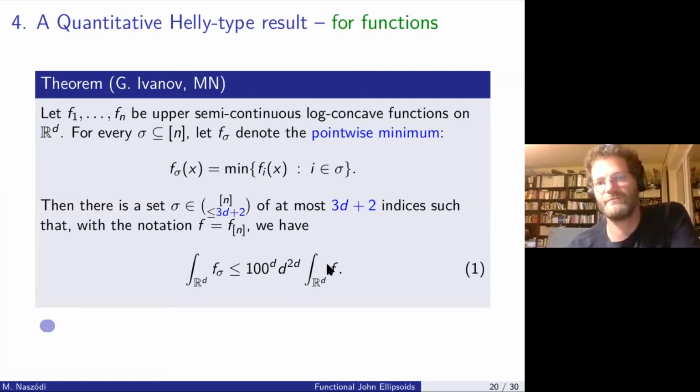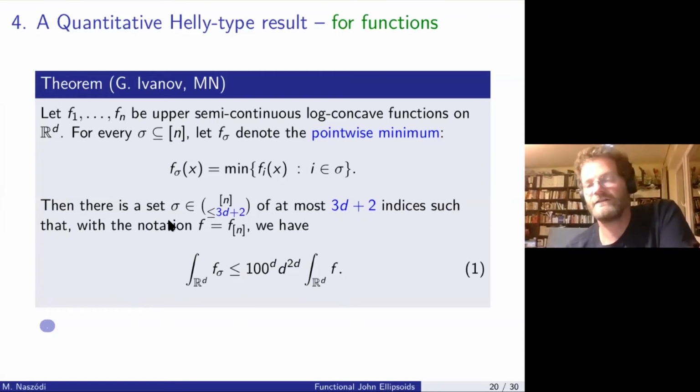Okay, so f is the pointwise minimum of all of them. So it's like the intersection. So here you have the intersection of all the sets, the volume, and here you have the intersection of only 3D plus 2 sets.